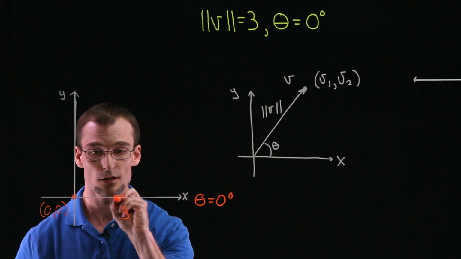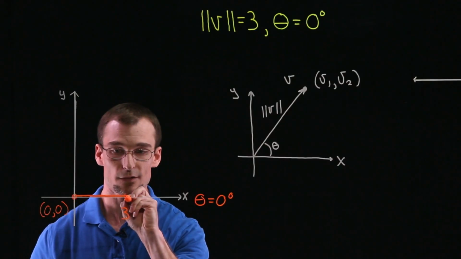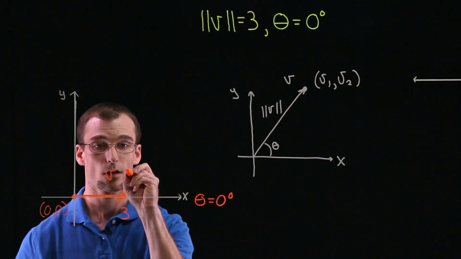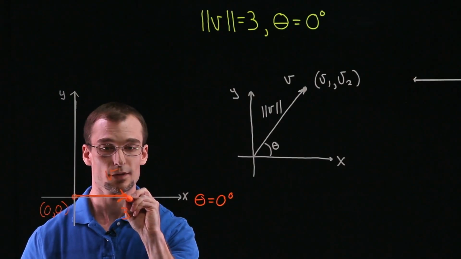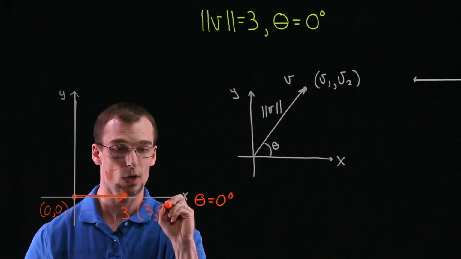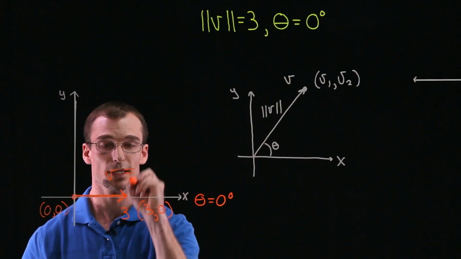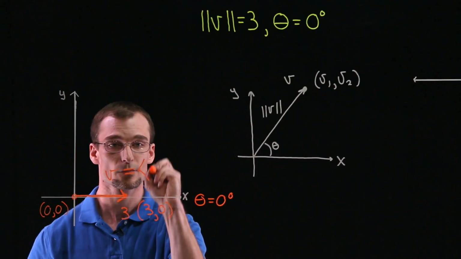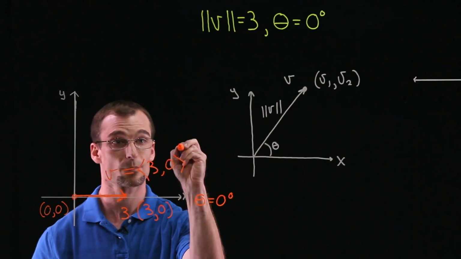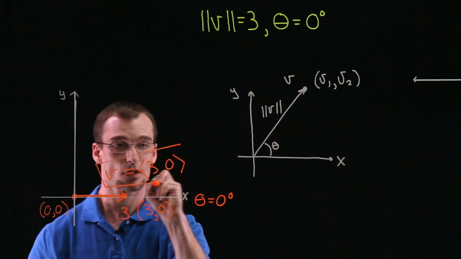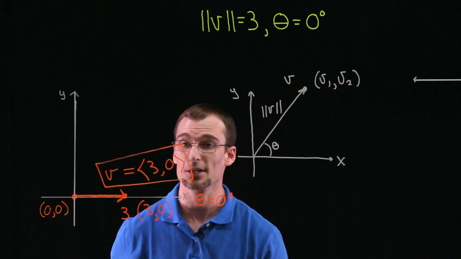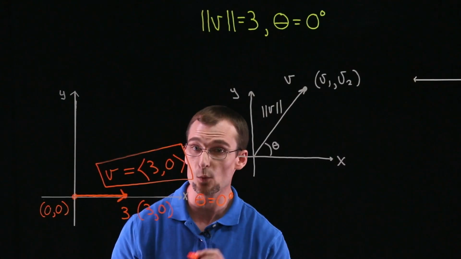That is going to signify our vector v. At our terminal point, x equals 3, y equals 0, we can write this in component form as the vector with components 3, 0. So that's what our vector looks like in component form, and that's one way of doing it.